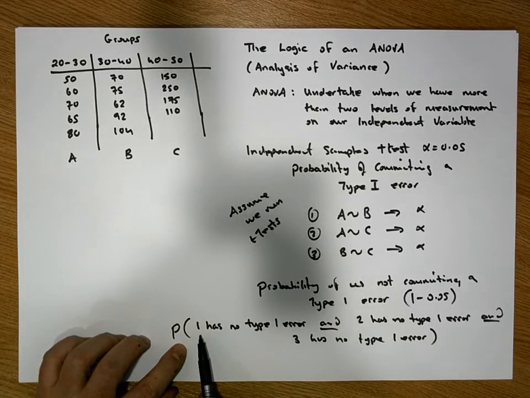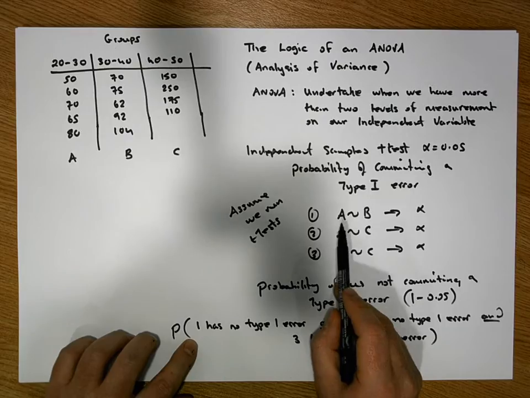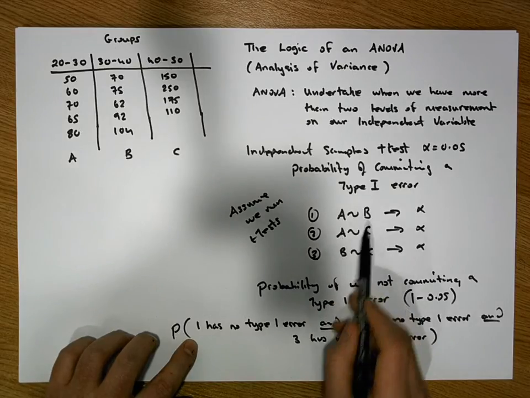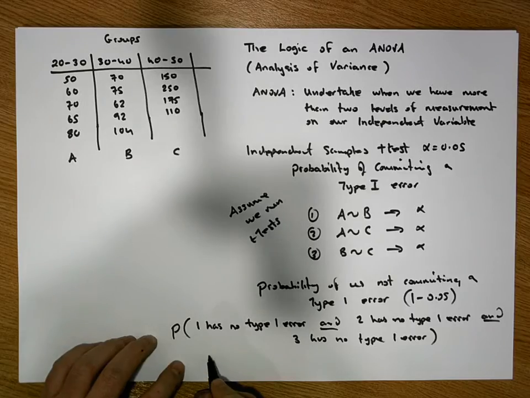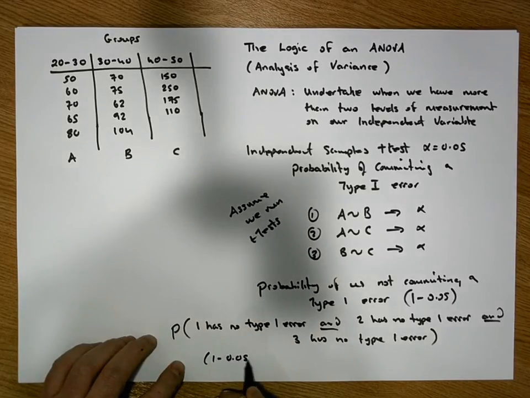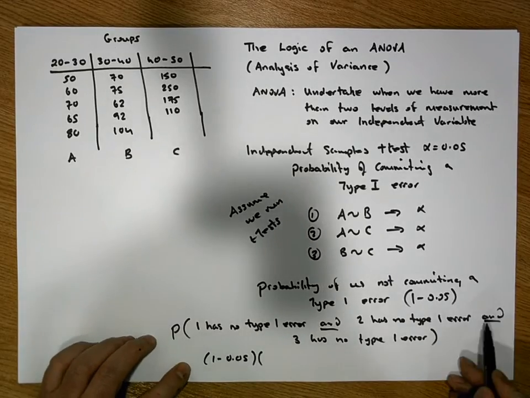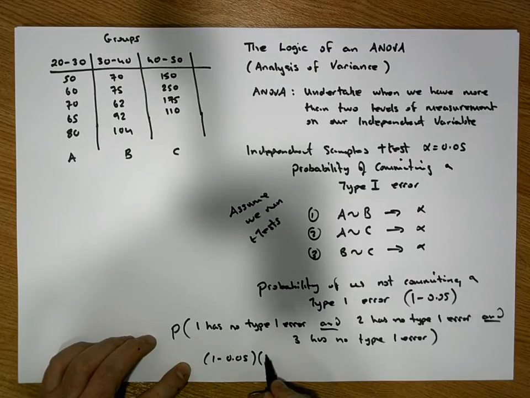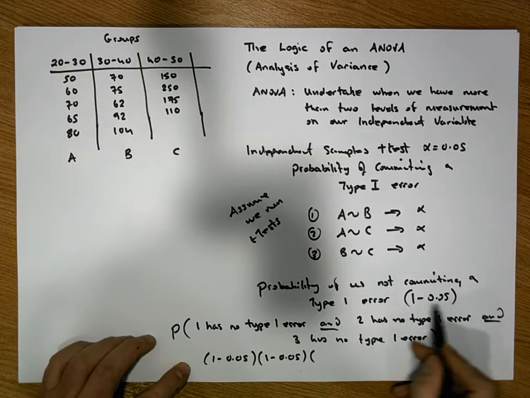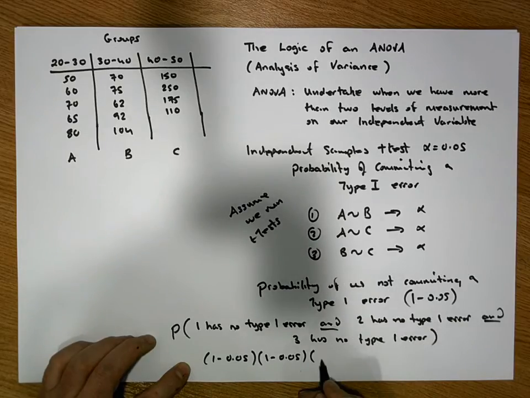Now, the probability that we don't commit a type 1 error when we conduct experiment A versus B is 1 minus 0.05, times the probability that we don't commit a type 1 error when we run experiment 2, which is 1 minus 0.05, times the probability that we don't commit a type 1 error when we run experiment B against C, which is 1 minus 0.05.